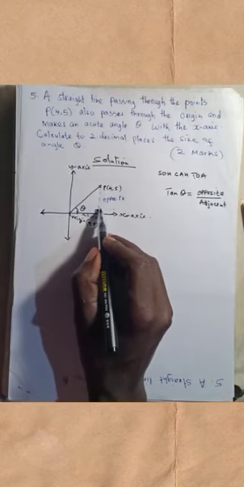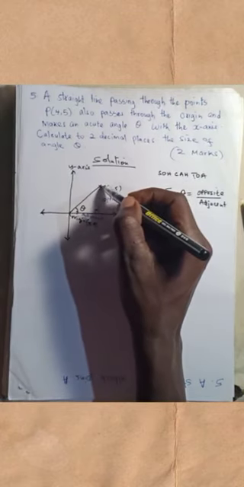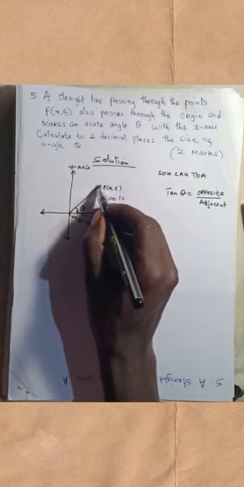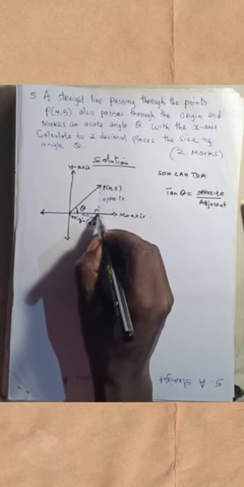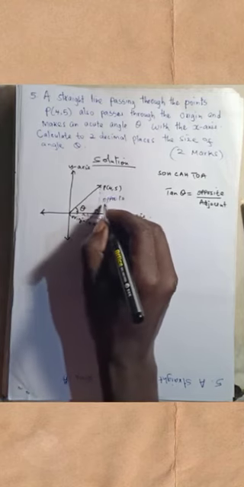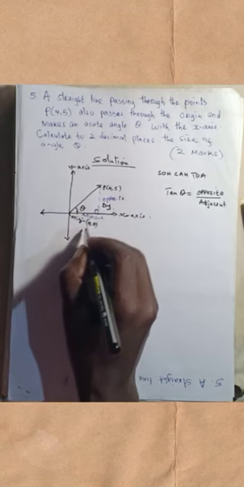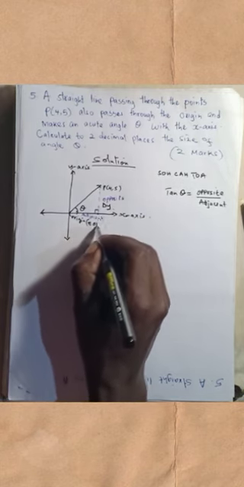But look at the opposite. The y coordinate here is 4 and the y coordinate here is 0. So you realize that this is the change in y, and the adjacent represents the change in x.